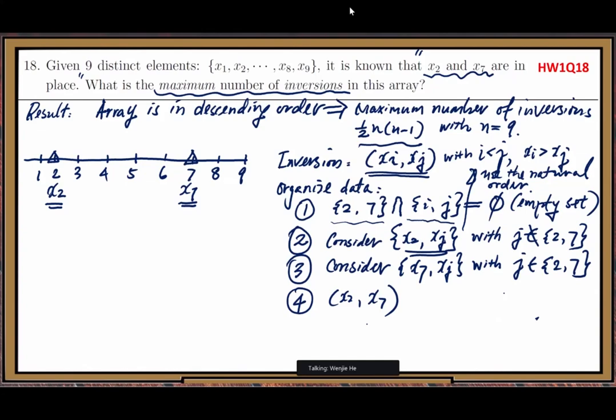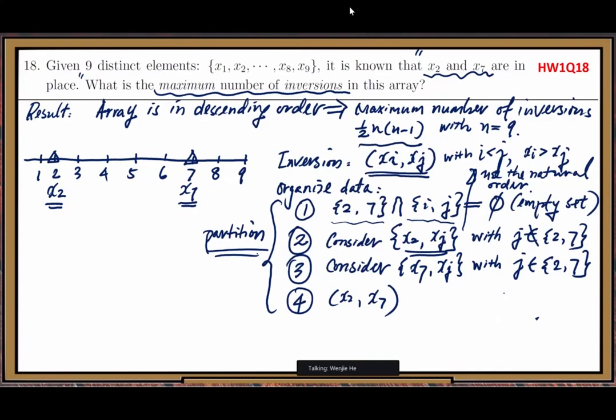So here, let me talk about one concept. The way we do this kind of characterization, we call a partition. This is called a partition. What's the meaning of the partition concept?